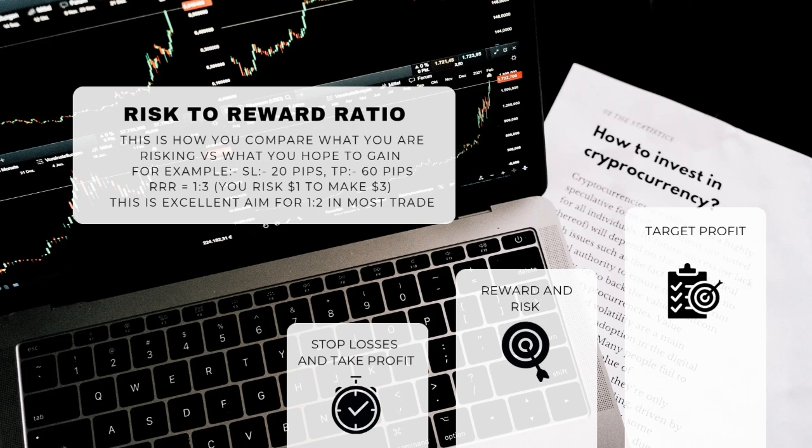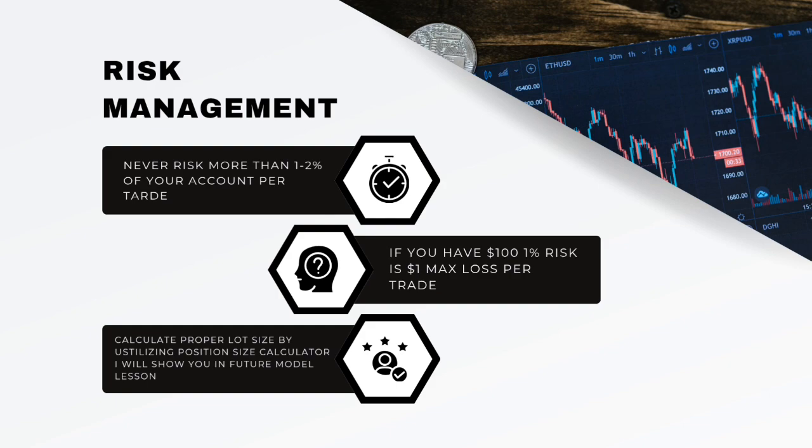That's it. So now, what is risk management? Risk management is the way you manage your capital in your trading account, taking your profit little by little, taking all that we've talked about into consideration as you trade.